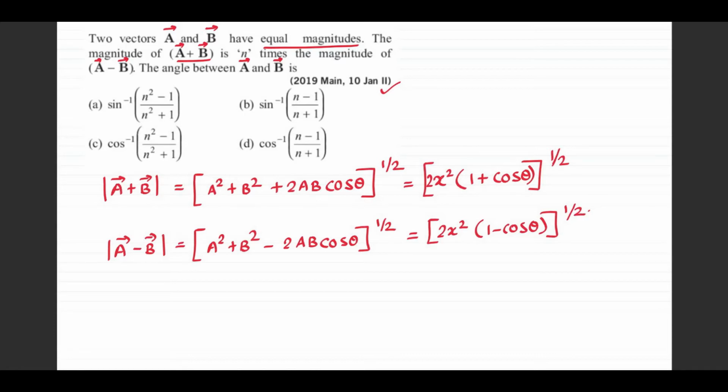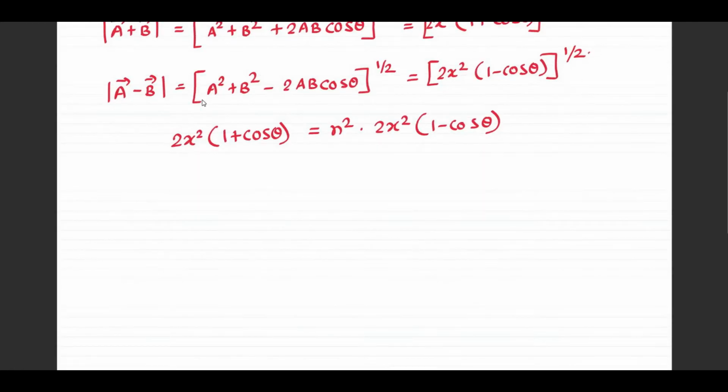The magnitude of A plus B is n times that, so I can say, if I take square on both sides, it will then become this. If I rearrange, this should have been 1 plus cos theta.